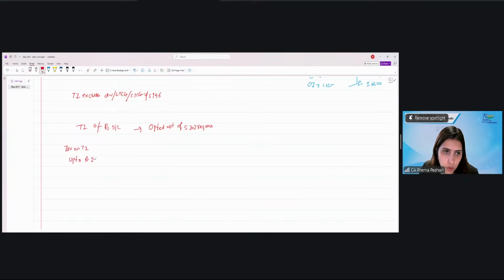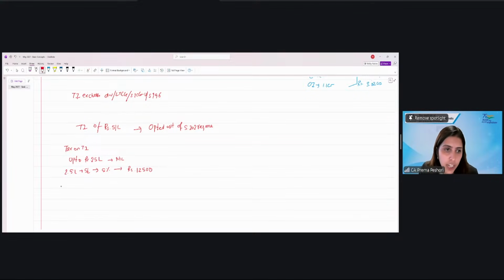Up to rupees 2.5 lakh, nil. 2.5 to 5 lakh, it will be at the rate of 5%, which comes to 12,500.